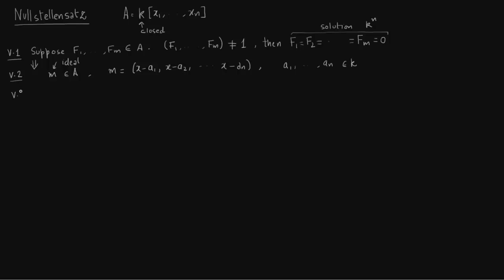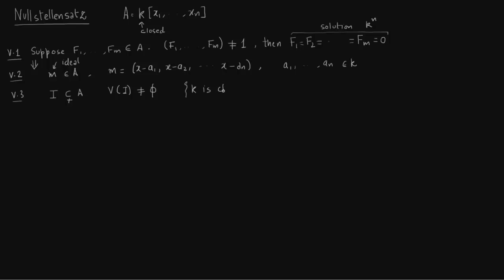So now we come to version 3. Suppose I is a proper ideal in this ring A, then the variety of I, or vanishing set of I, written V of I, is non-empty. Notice that we have to have K closed, because there is a counterexample.